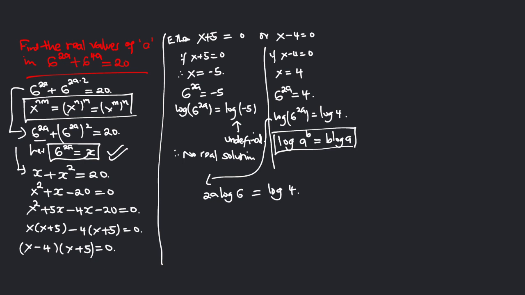Now, for us to get a, we will have to divide both sides by 2 log 6. And of course, you can see that 2 is cancelling 2, and log 6 is also common. We will have a on the left-hand side, and that will be equal to log of 4 over 2 log 6.